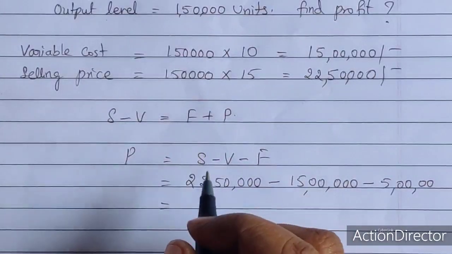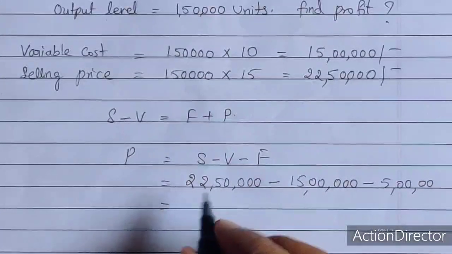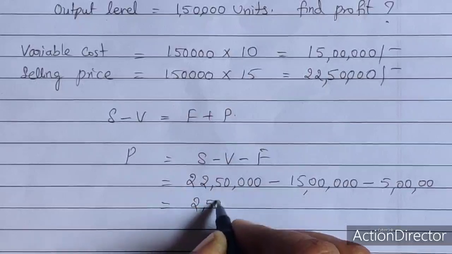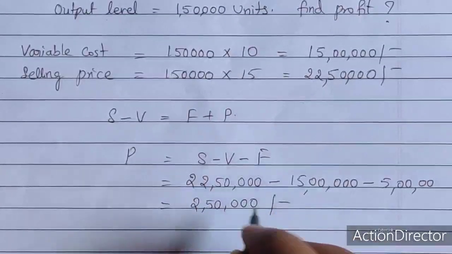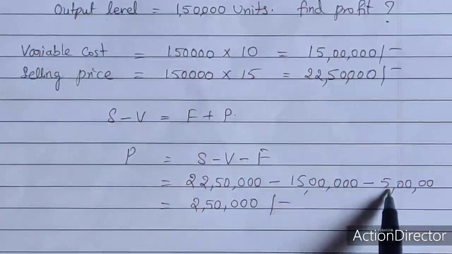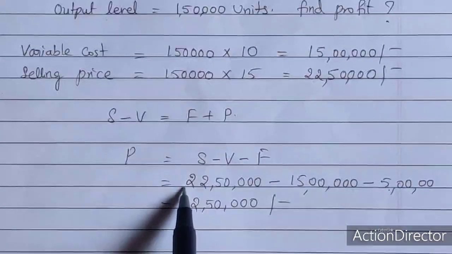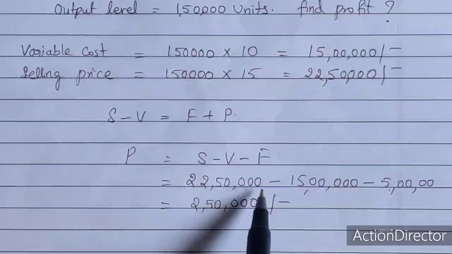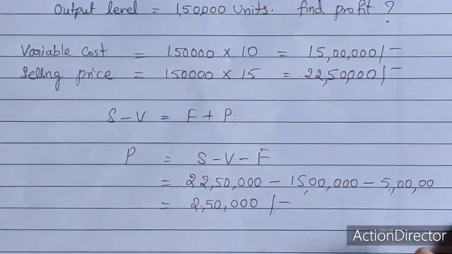So 15 lakhs plus 5 lakhs is 20 lakhs. If we subtract this from 22 lakhs 50,000, we will get 2,50,000 rupees as profit.